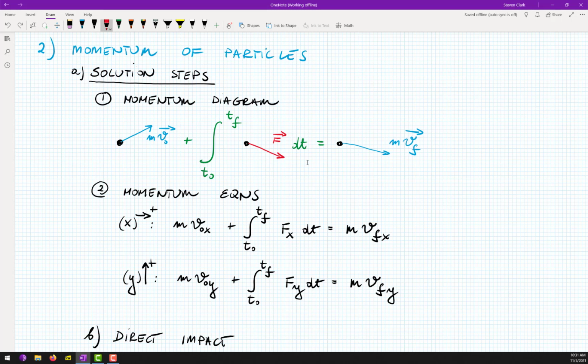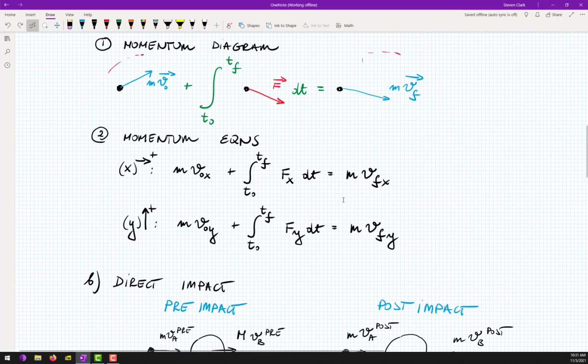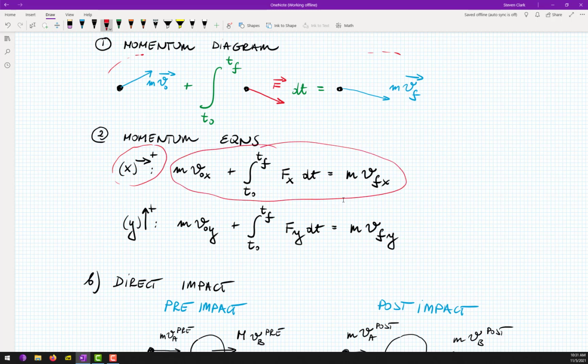So anyway, I usually start with momentum diagrams. I show what happens at the initial instant, I show what happens at the final instant, and I show the impulse here. And once I have these momentum diagrams, I just write momentum equations, if needed, of course. So I would write what happens in the x direction, and this equation corresponds, of course, to this diagram.